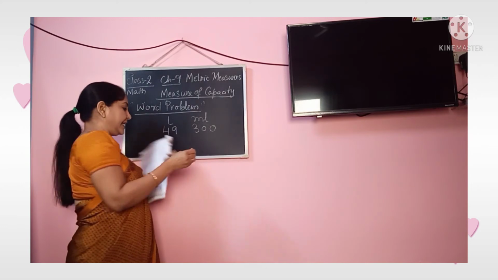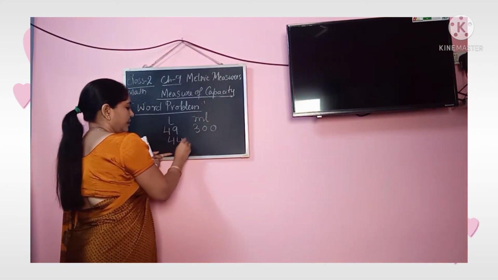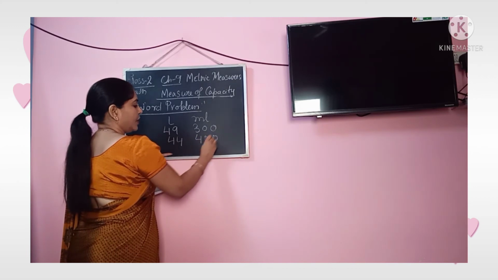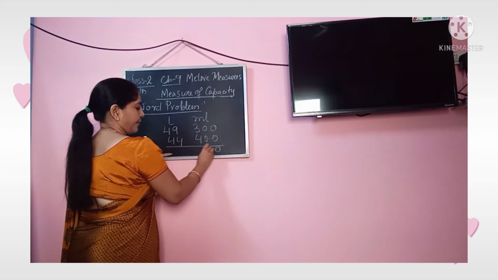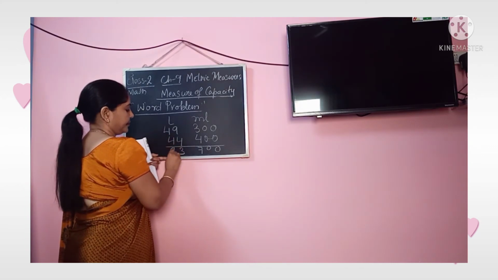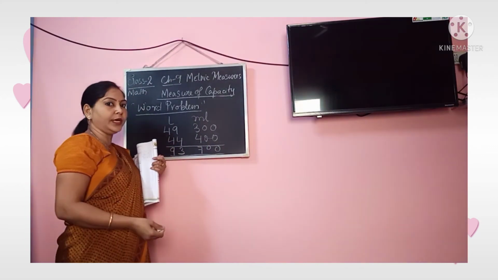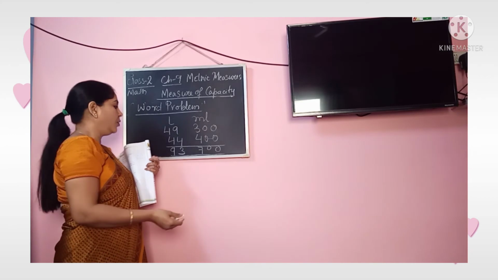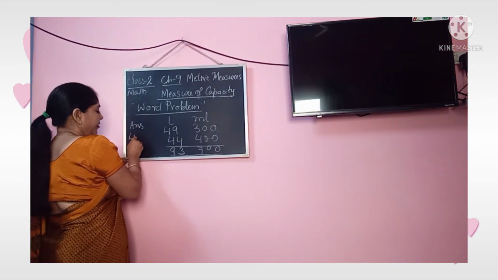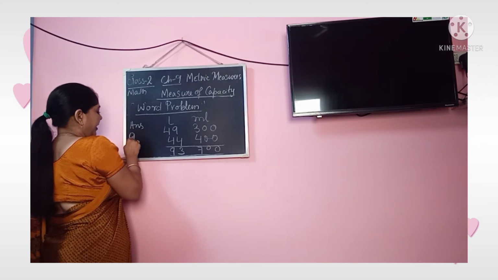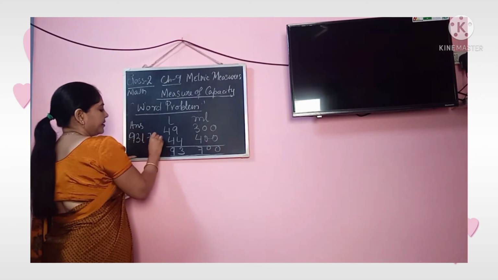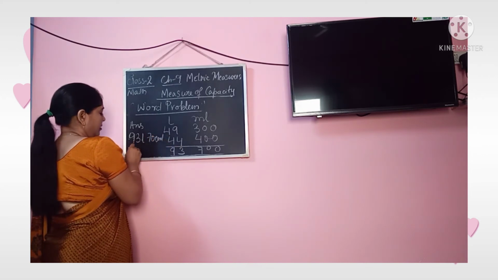And how much is added? 44 liter 400 milliliter was added more. So what is the total quantity of the tank now? The total quantity you will write here, answer: 93 liter 700 milliliter water.